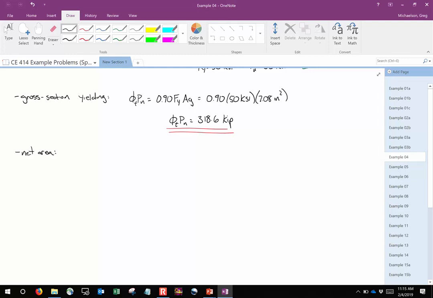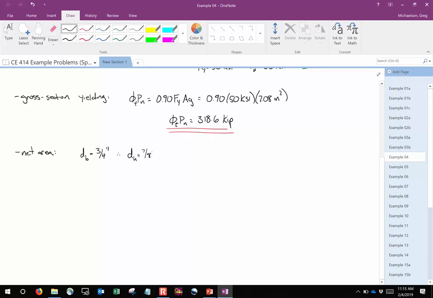What do we know about the bolts? So if the bolts are 3/4 inches in diameter, what does that mean? The holes are 7/8. I actually think here recently that they've corrected that, but let's revisit that when we get to bolted connections.